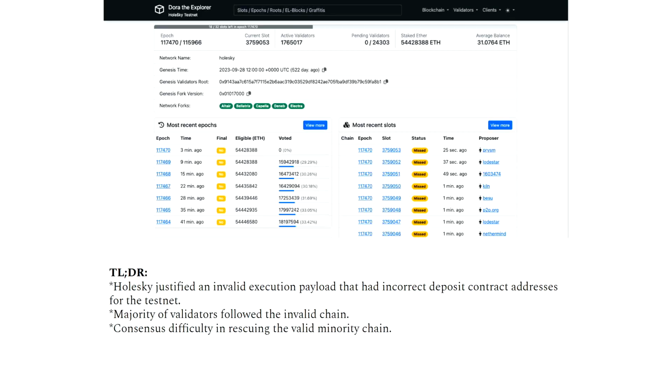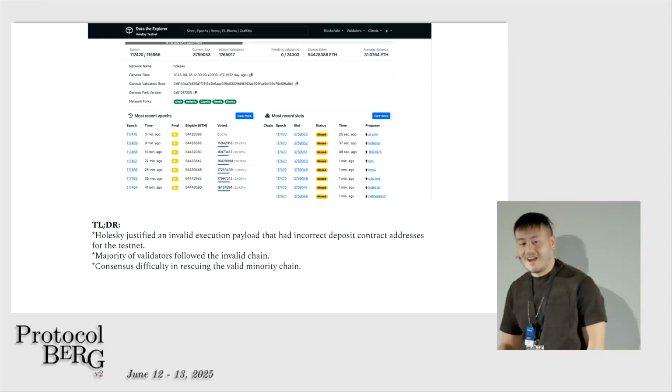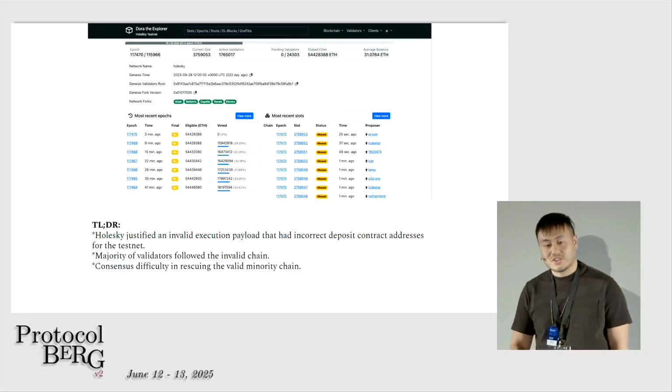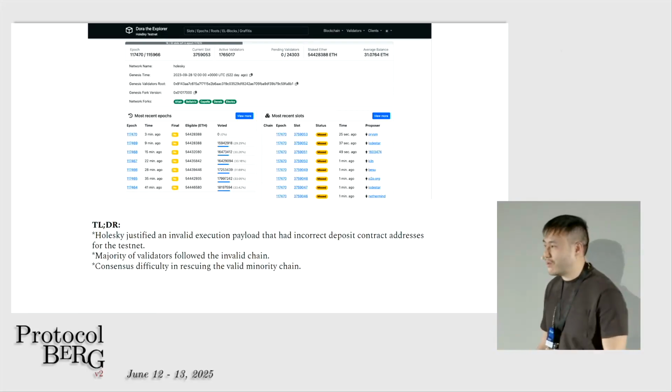It had an incorrect deposit contract address, so we ended up justifying an execution payload with the wrong deposit address, which leads to really bad things. The majority of the validators followed that invalid chain, and we had quite a bit of difficulty trying to rescue the valid minority chain of the forked Reth and Erigon clients, which had the correct deposit address.